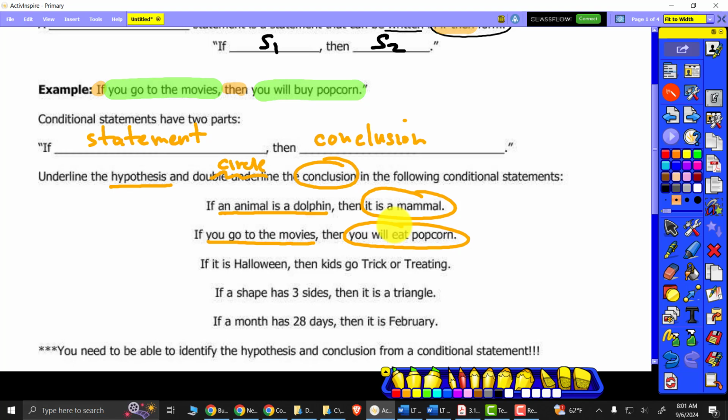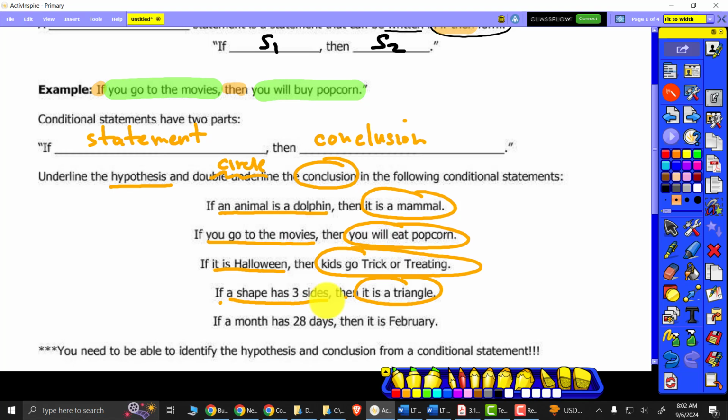Now remember, these are just statements, okay? And we are trying to identify hypothesis and conclusion. If, this will be your hypothesis, then kids go trick or treating will be your conclusion. Then, this will be your conclusion. If, it means that this is your hypothesis.